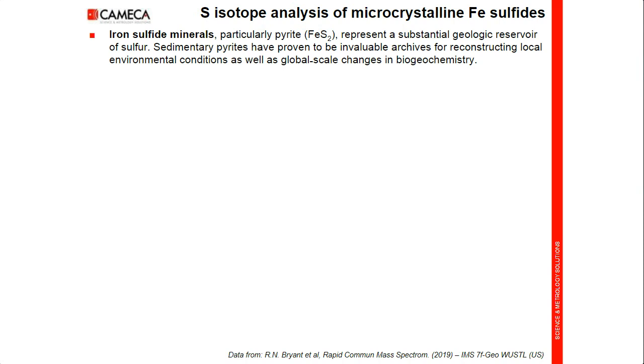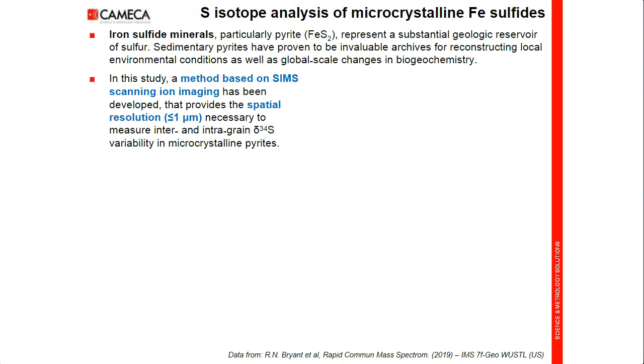Sedimentary pyrites have proven to be invaluable archives for reconstructing local environmental conditions as well as global-scale changes in biogeochemistry. In this study, a method based on SIMS scanning ion imaging has been developed that provides the spatial resolution necessary to measure inter- and intra-grain delta 34 sulfur variability in microcrystalline pyrite.